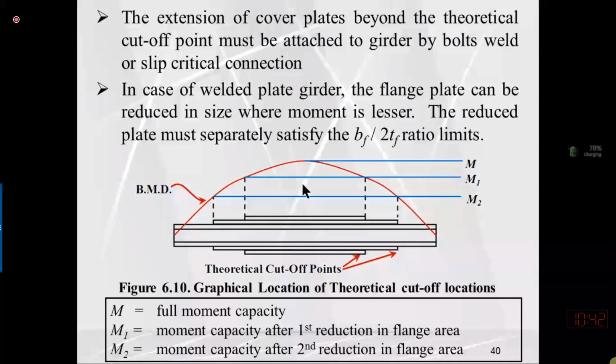So we can reduce the flange area either by reducing the thickness of the flange, the width of the flange, or the depth of the web, as I have already explained. So we can further customize our plate girder depending upon the applied bending moment.